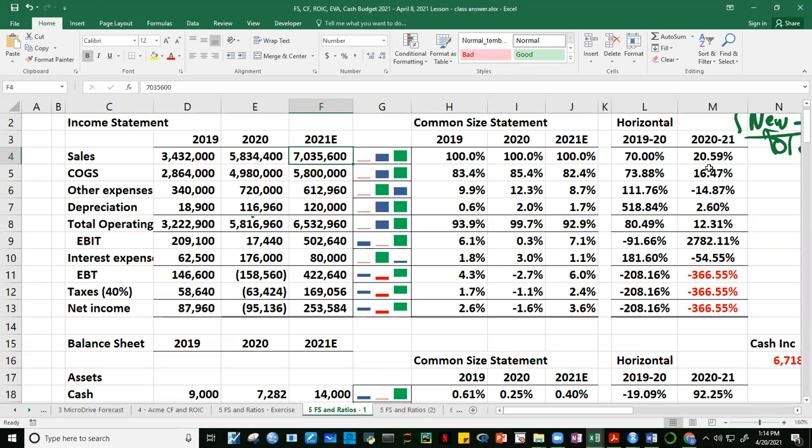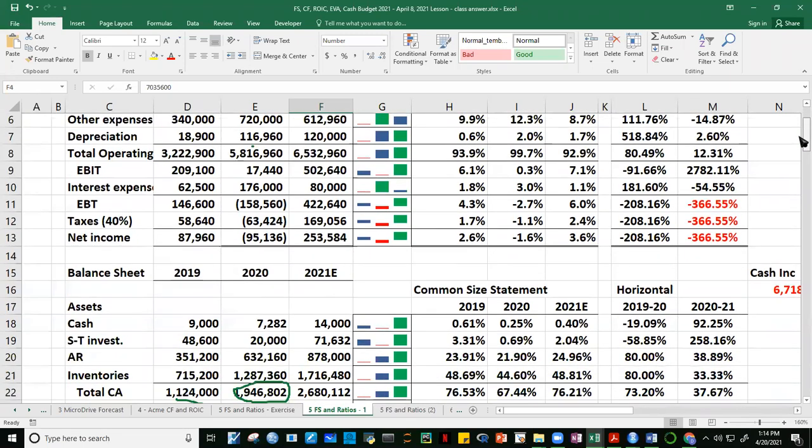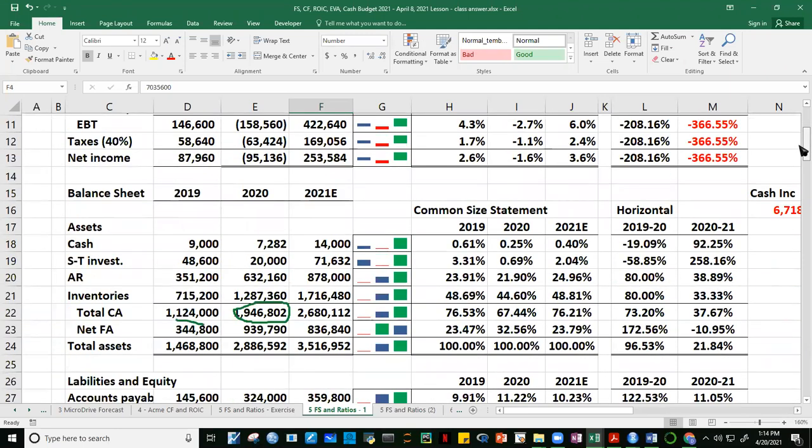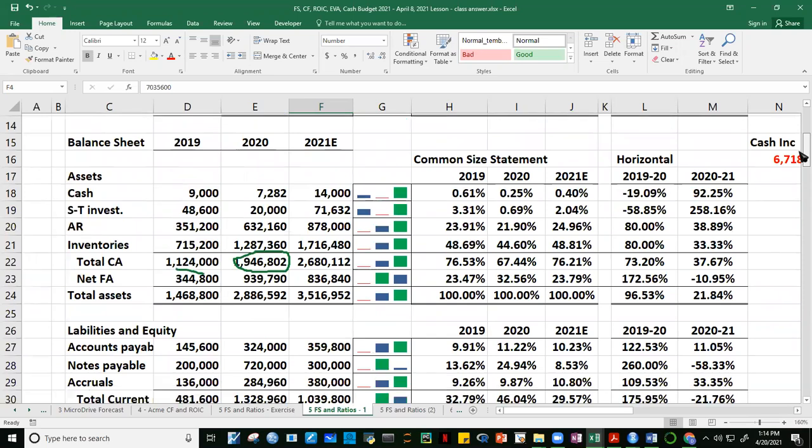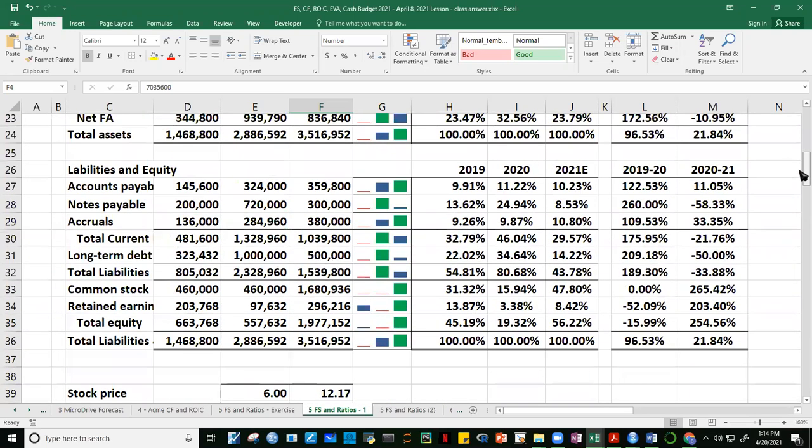You can compare this also with the benchmark company and see how sales has grown over the period for the benchmark company. Okay, so again, guys, it's telling a story. It's looking at your figures and trying to see what has been happening to this company.